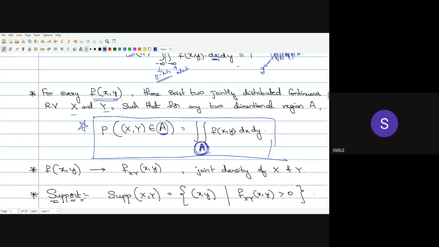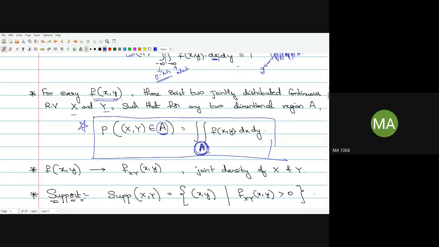So sir, basically, when we had discrete random variables, we were trying to find the probability of x taking a value, y taking a value, and then we had the joint distribution, x and y both taking specific values. In continuous, we do not have probability at specific values. We have x lying in this range, y lying in this range, both together.